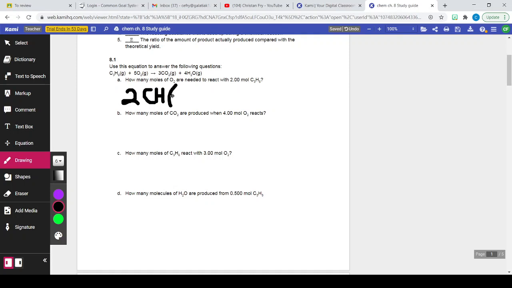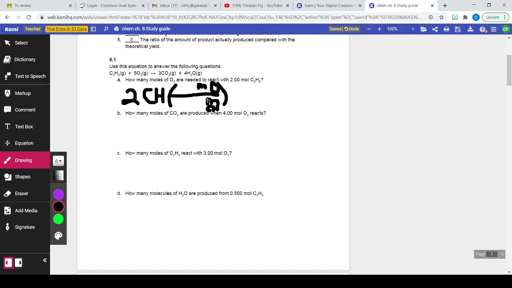And do parentheses. So I'm going to put the moles. I'm just going to write M too. And this is the CH. And I want to get to moles of O2, so I'm going to write moles M of O.